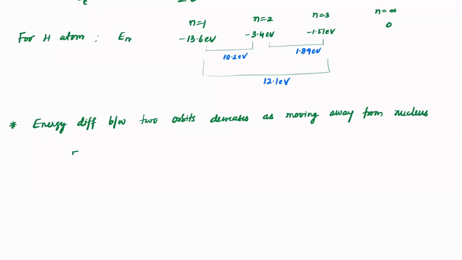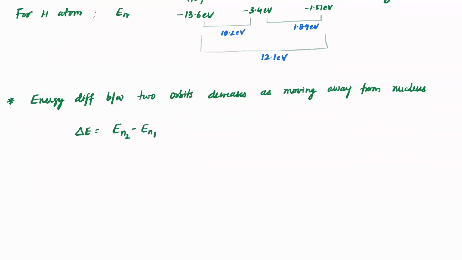You can notice that here delta E, the energy difference between two orbits, is E2 minus E1. This is how it is.